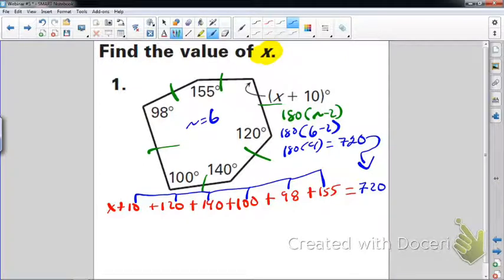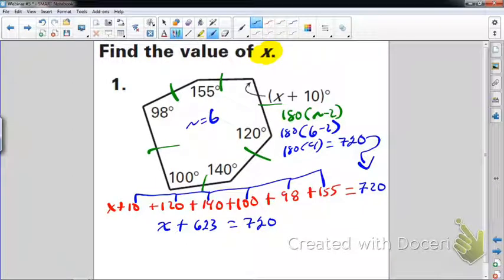So we have 10 plus 120 plus 140 plus 100 plus 98 plus 155. That comes out to a total of, so we have x plus 623, which is equal to, again, 720, the total amount of the interior angles.